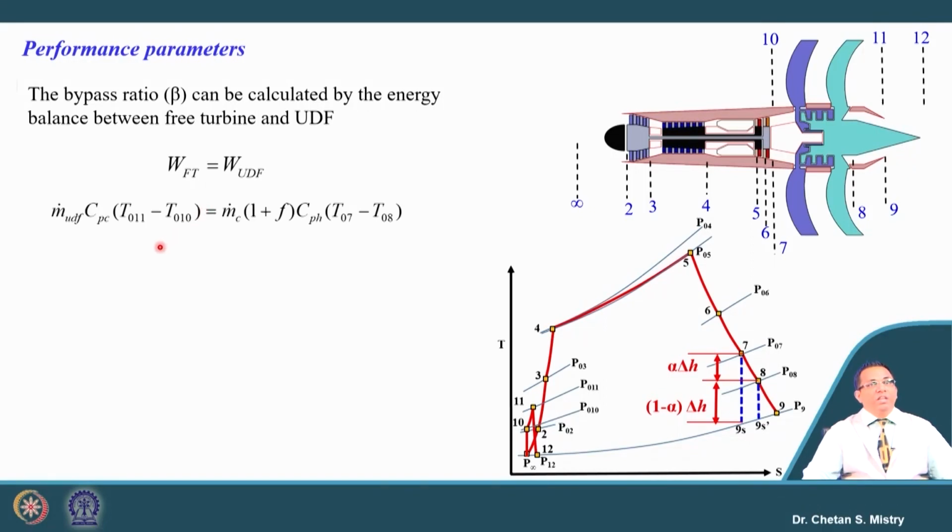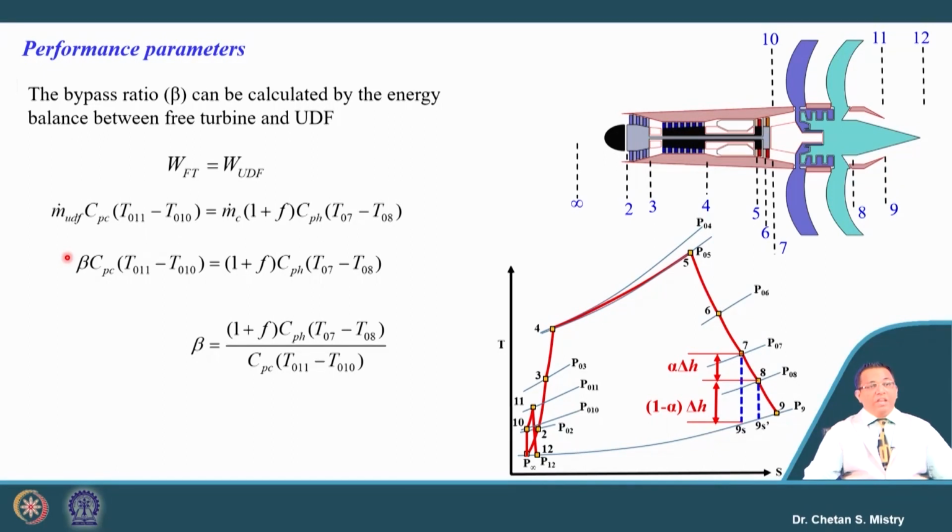So, in this case, the unducted fan work I can write as m dot into Cp delta T0, and the free turbine work I can write as m dot (1 plus f) Cp delta T0. Now, the mass flow rate of the unducted fan we can correlate in terms of beta, which is nothing but the bypass ratio. Based on that we can calculate beta, the bypass ratio of this engine.